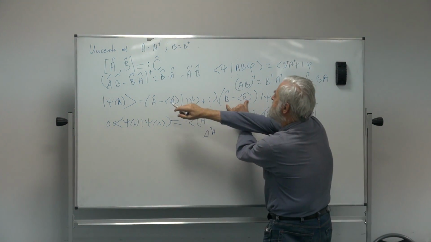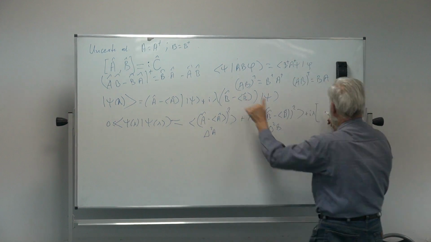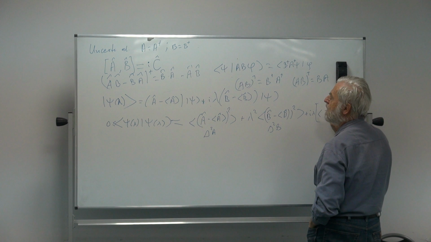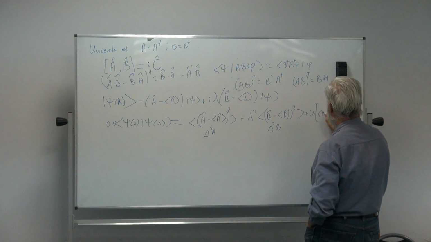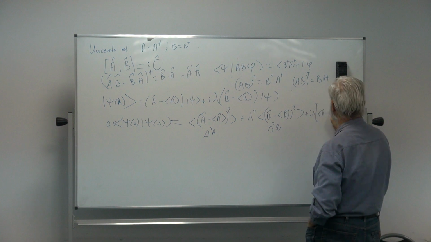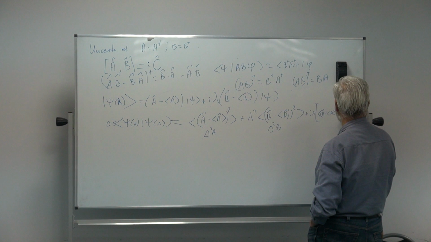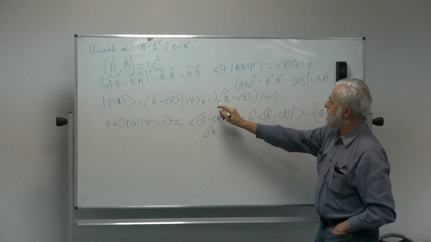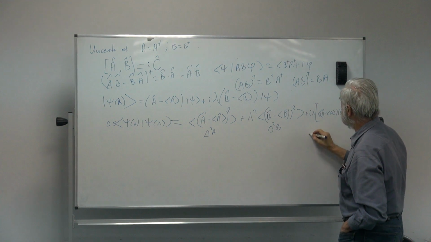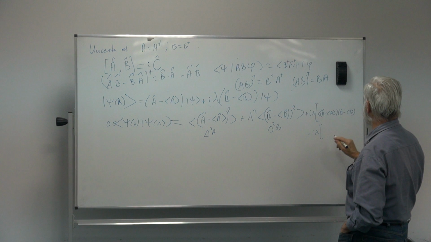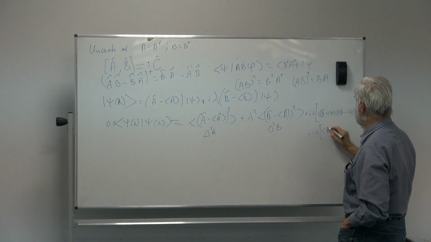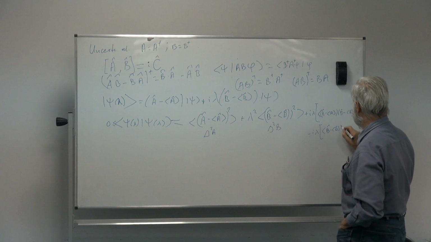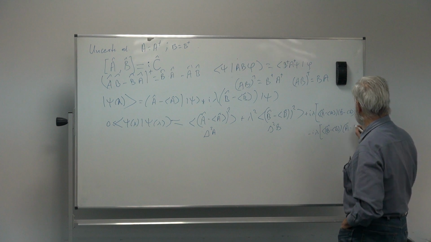When this is on this side and this is on the other, and I put everything on one side, I will get here the mean value of A minus mean A times B minus mean B. When this is on the other side, it will be minus i lambda times the same thing in the opposite order, B minus mean B multiplied by A minus mean A. And now, of course, it's simple.